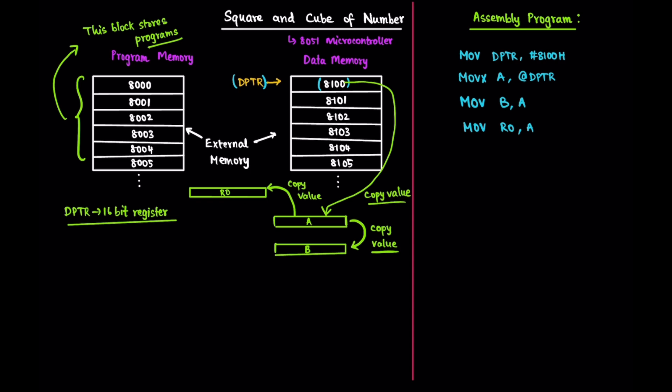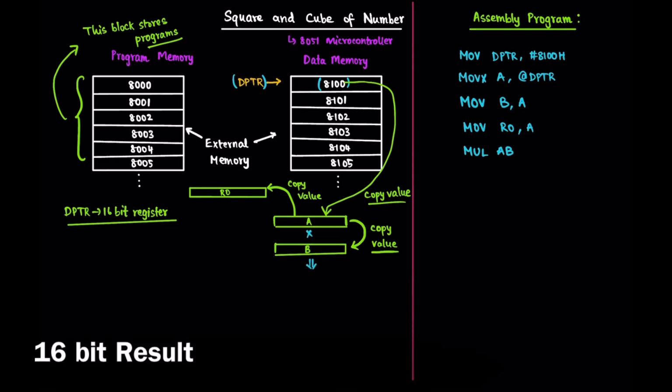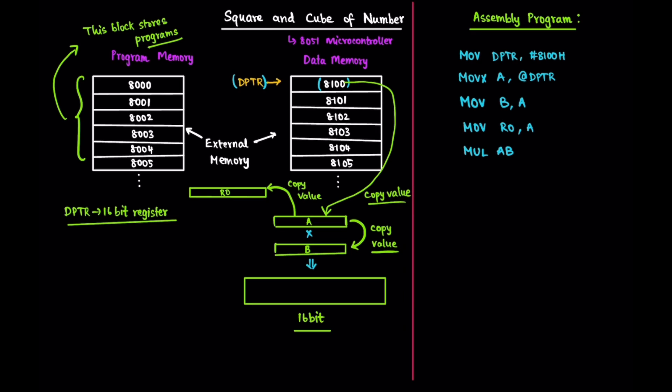Now I'm going to perform the multiplication of accumulator and the register B. So I am writing MUL AB. Now if we multiply these registers, it is going to result in a 16-bit result. This 16-bit result is going to have a high byte and a low byte. Each byte is an 8-bit result. Now when we multiply A and B, the B is going to hold the high byte and the A is going to be stored as the low byte.